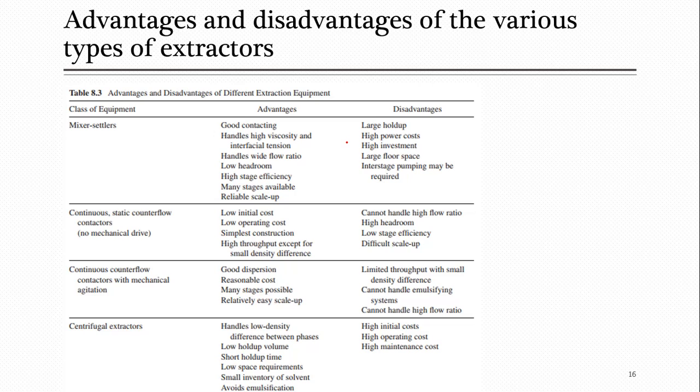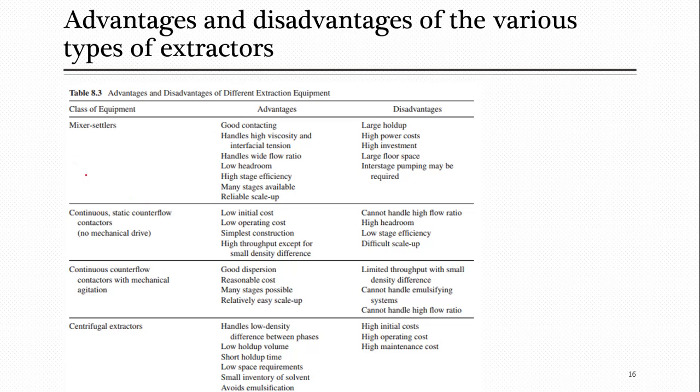When it passes through, it will come to the next stage. And there is high power cost, because they have rotating elements, rotating blades, and that costs high power, as well as higher investment, and large floor space is required because they are large in size in order to improve the area of contact. So these are certain disadvantages.